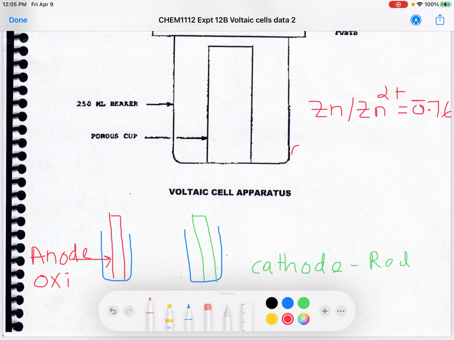And then the copper 2 plus electrode potential is positive 0.34.